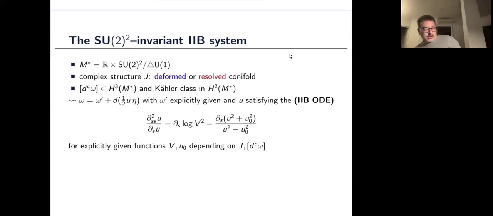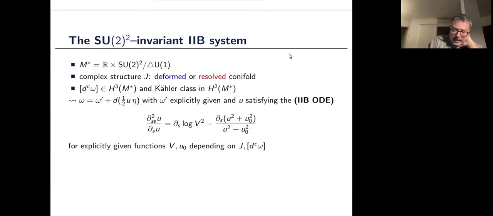I'll describe the existence of solutions of this 2B system that are SU2 times SU2 invariant. One can show that the choice of this particular group, acting in the way that we do, is the only one that leads to interesting solutions.